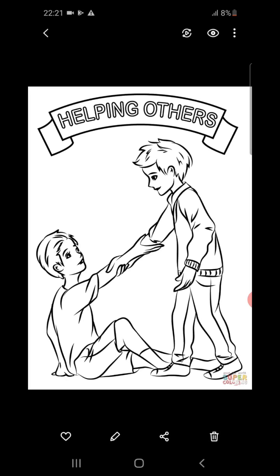Means, one thing or one word is going to help another word, is going to give support to another word, and thus will give a proper meaning to the sentence itself.